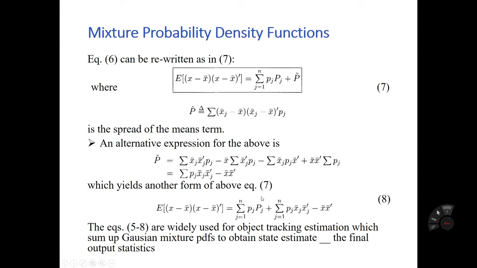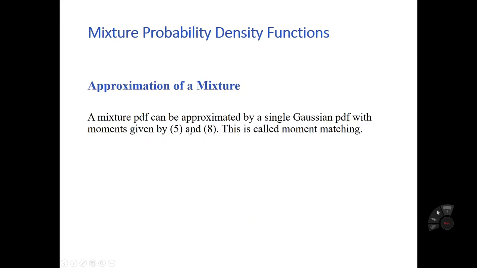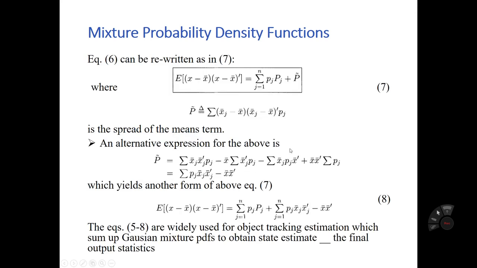So we just approximate with a single Gaussian variable using 5 and 8.